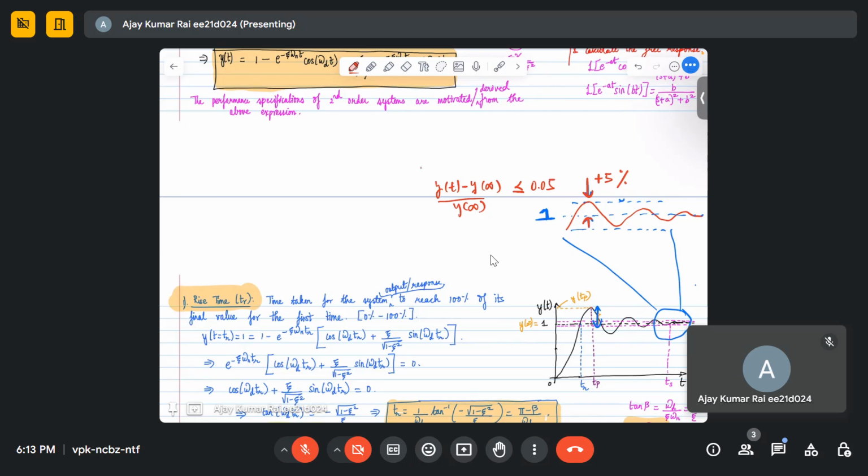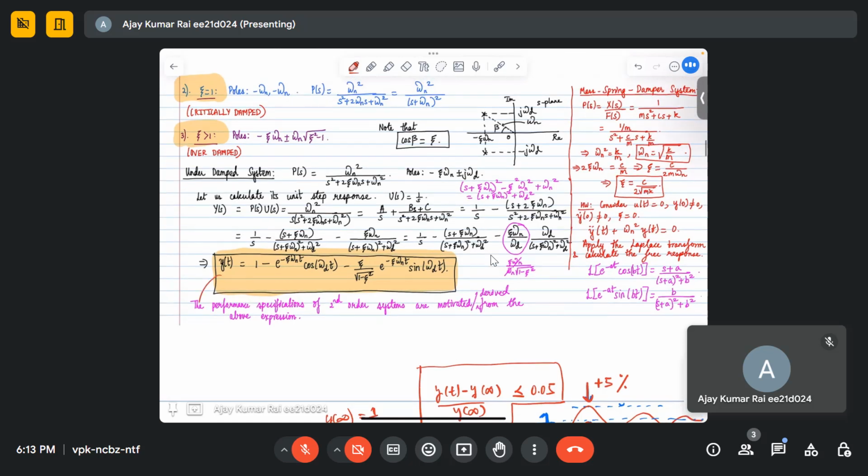That's how you have to find it, and you can find the time period of this, because you want to find time, right? Y of infinity will be equal to 1, right? So you have to find y of ts minus y of infinity by y of infinity, which is less than or equal to 0.05. And then what is y of ts?